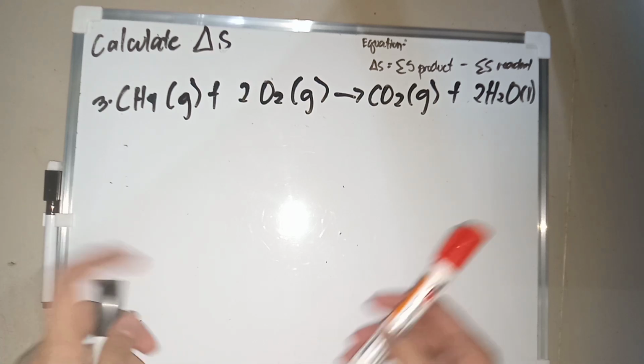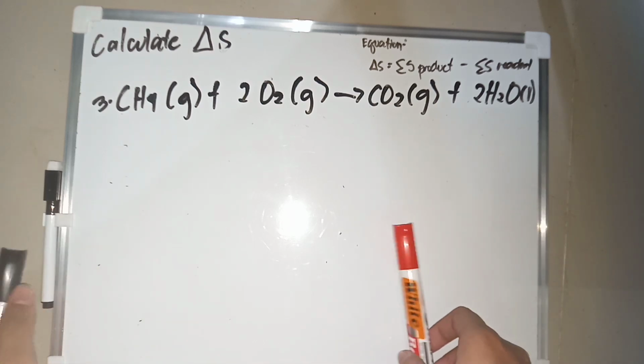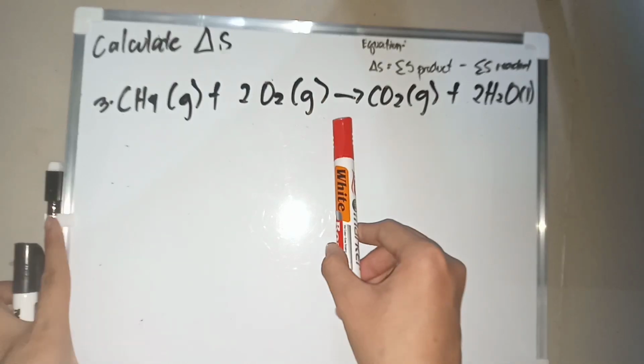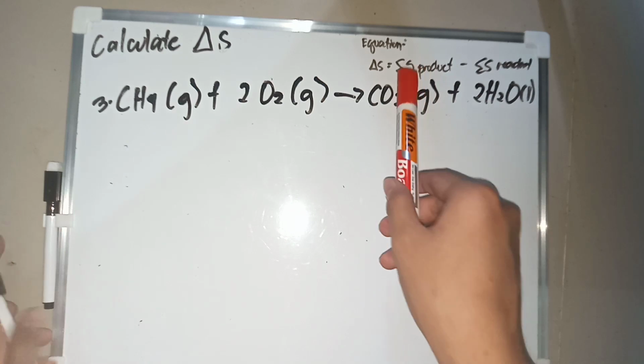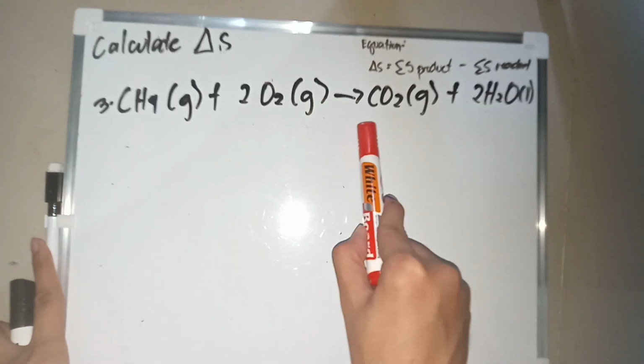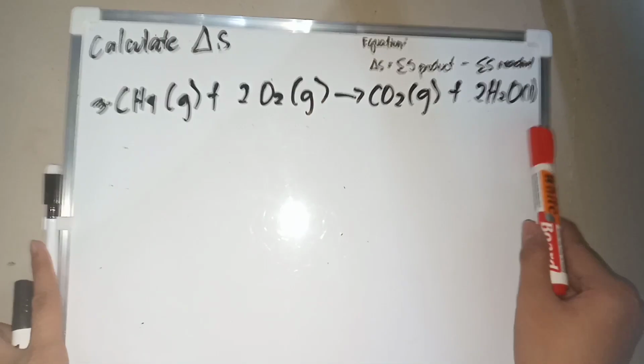So here, our product is the one that the arrow is pointing to, and by the equation, we're gonna start our value here.